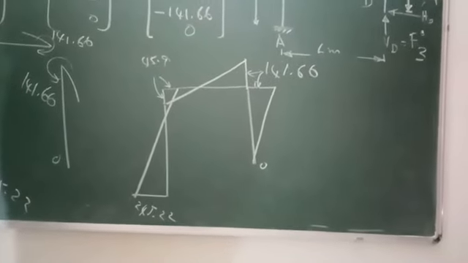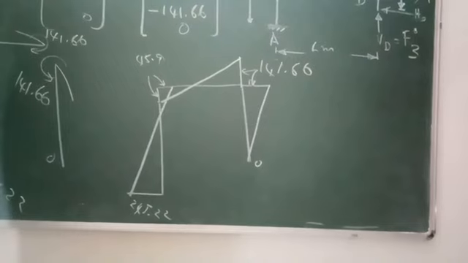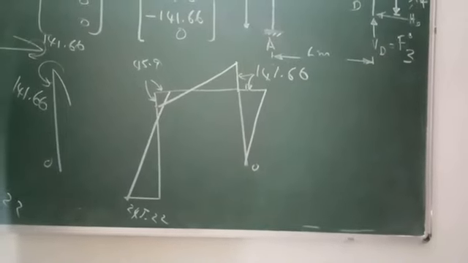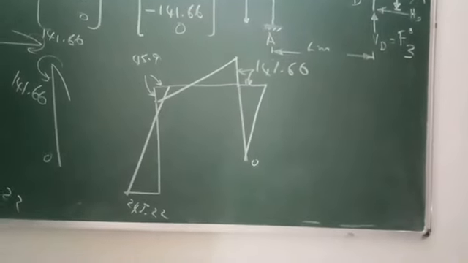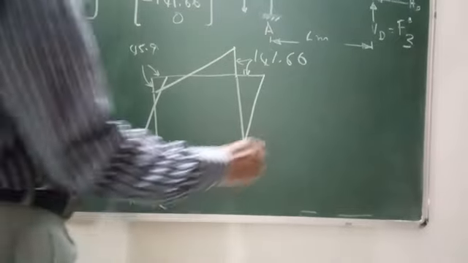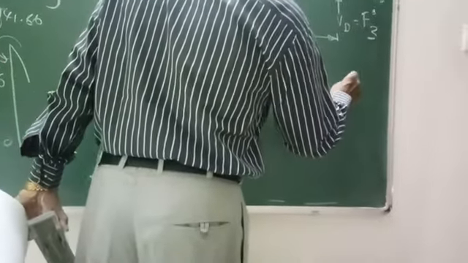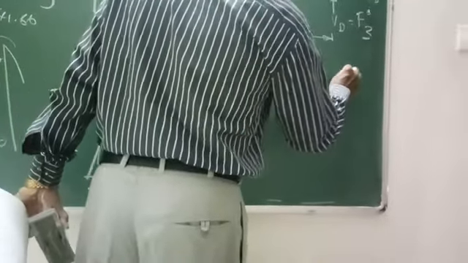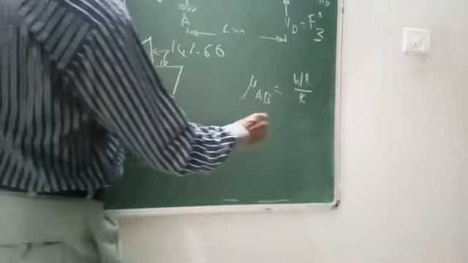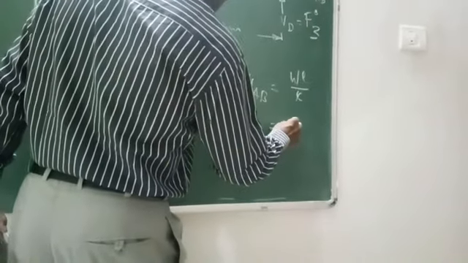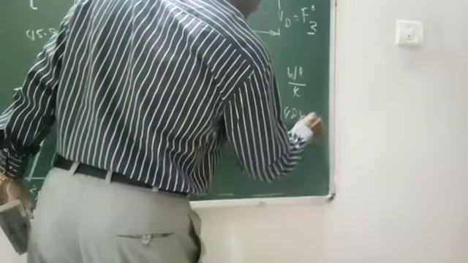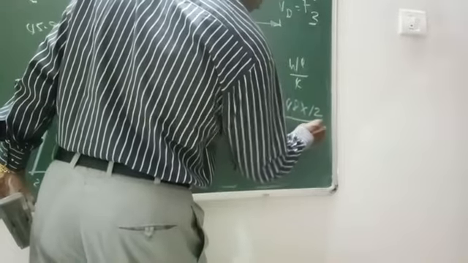On that, we have to superimpose the simply support moment diagram. The simply support moment diagram for this: Mu AB equal to WL by 4 for a simply supported beam subjected to central concentrated load. So this is WL by 4, that is equal to 48 into L is 12 by 4.